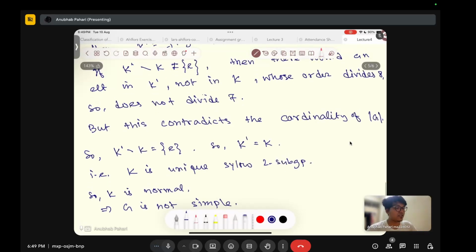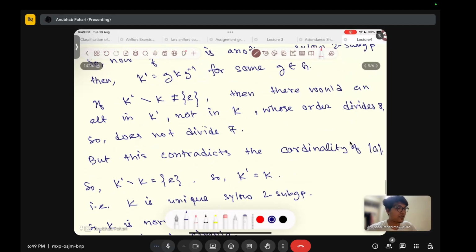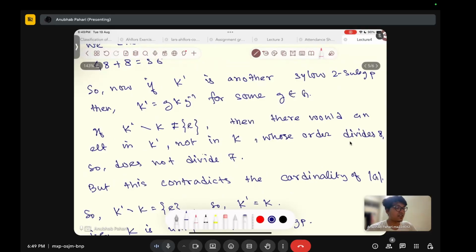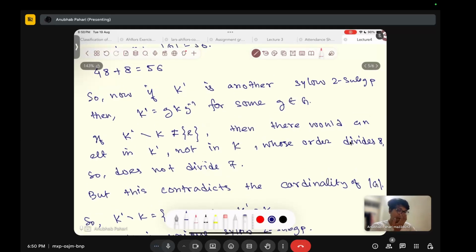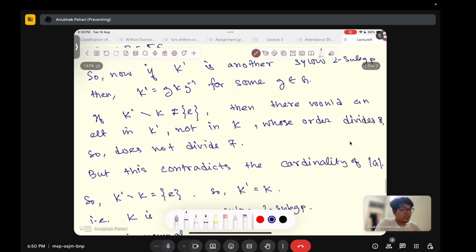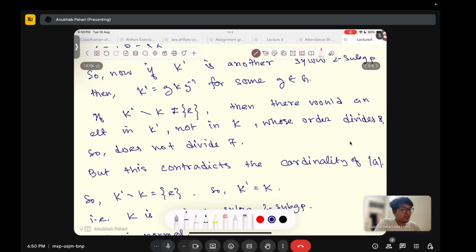The first one was that my aim is to show that if there is any other element which does not lie in K, and if it has order which divides 8... Sir, K dash intersection K not equal to e also represents the same thing, no?